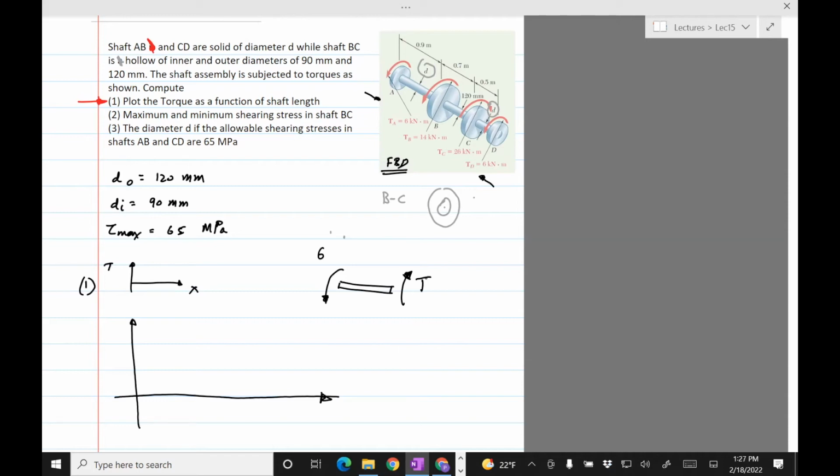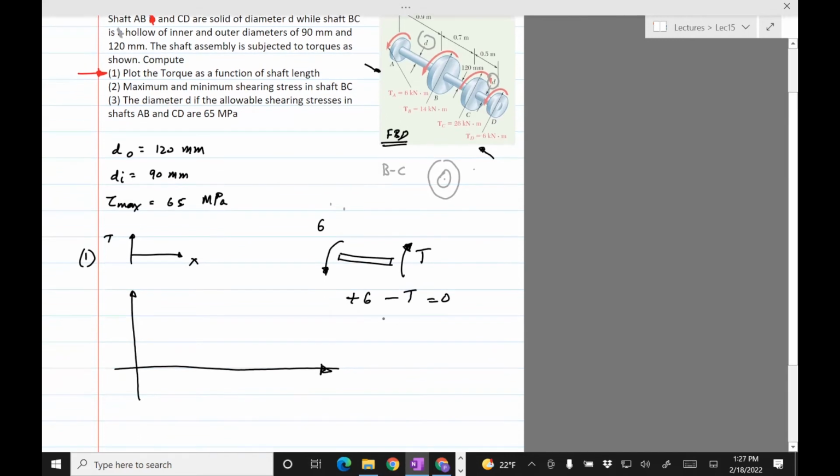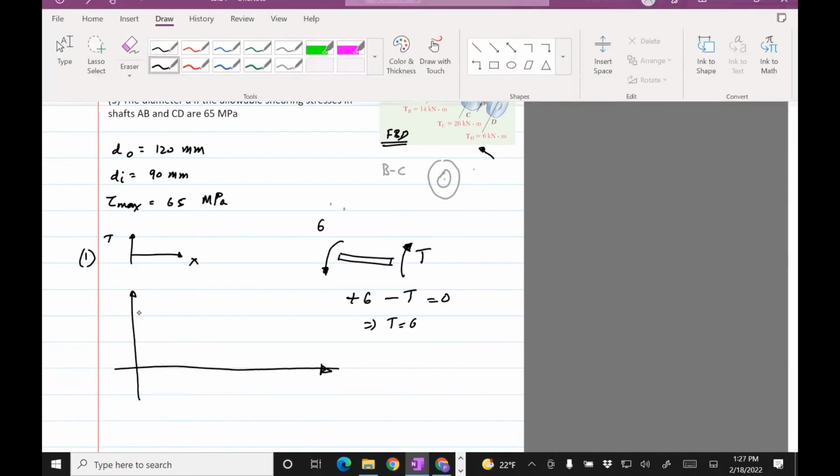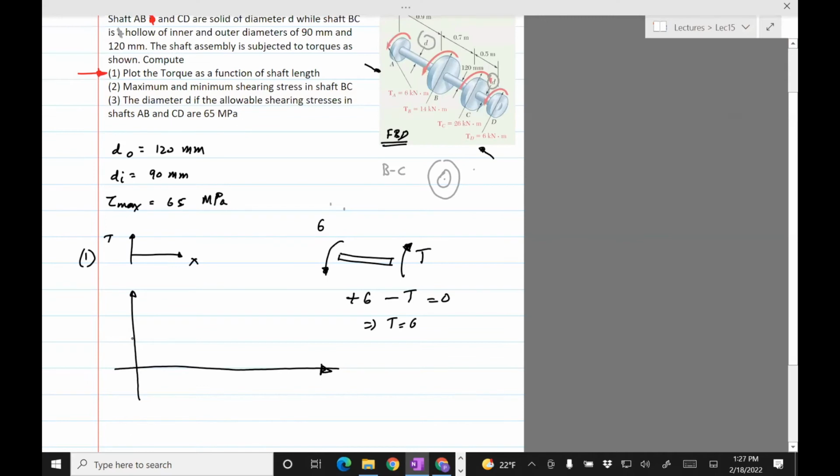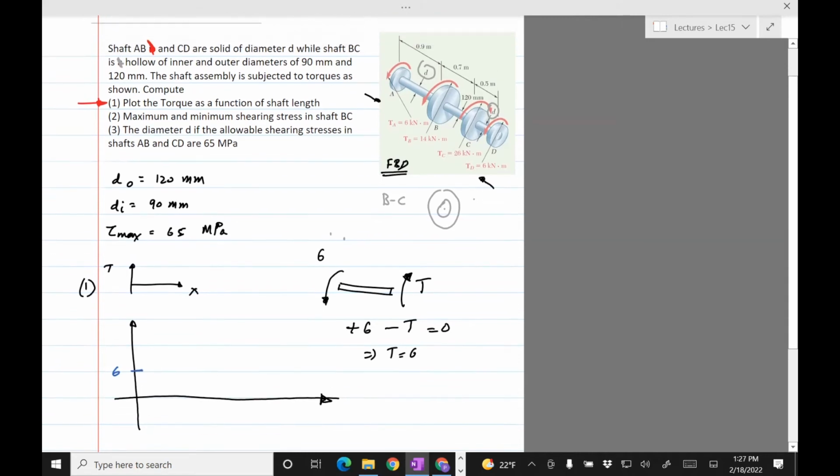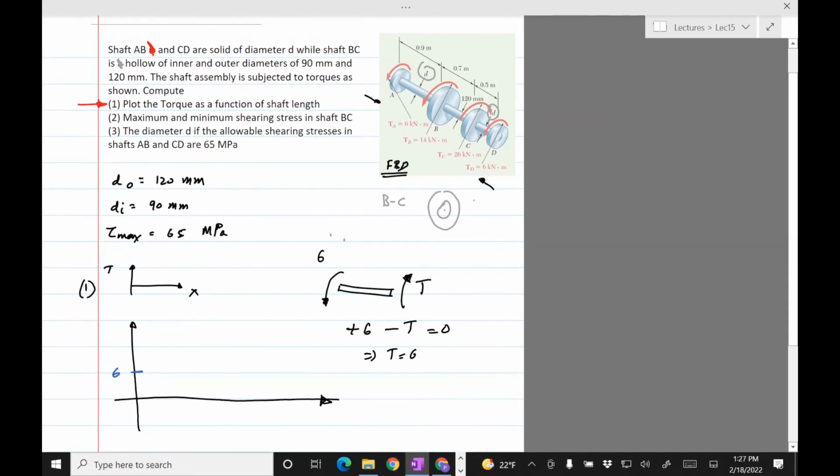Now we can choose any sign convention you want. If you want to choose clockwise positive or counterclockwise positive, you can do that. So plus 6, that torque is counterclockwise, minus T equals 0, which is saying that the torque is 6. Let me just draw it here, 6. It will be 6 for the entire length till B.